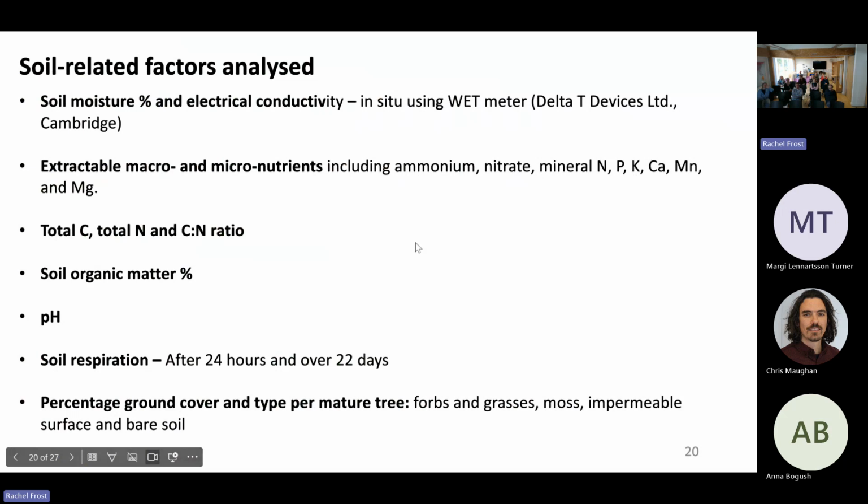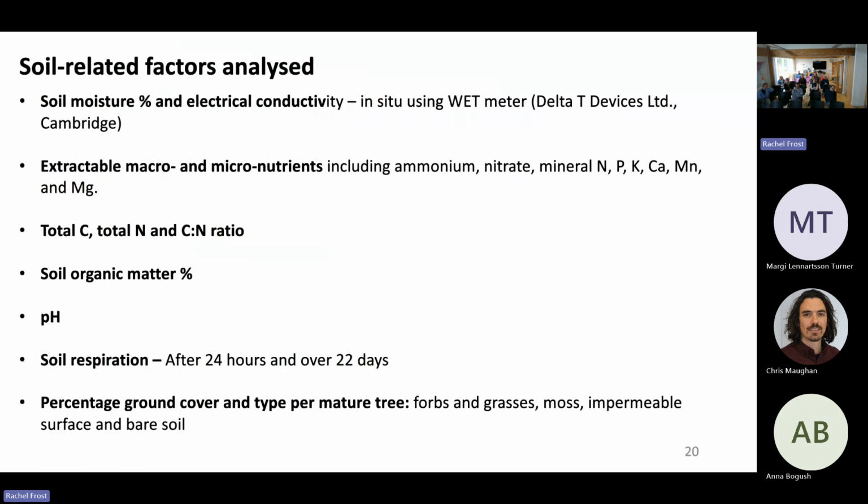So the things I looked for, predominantly soil moisture, because we've seen that that is likely to have a big effect. And that was done in situ with a wet meter to take readings. Then the soil samples came back to the lab here and were processed, and I looked at the extractable macro and micro elements, so the compounds that the plants need to thrive and grow. I also looked at total carbon, nitrogen and their ratios. And then soil organic matter, because again, that had been shown to have an effect on ash dieback, soil pH, and soil respiration.